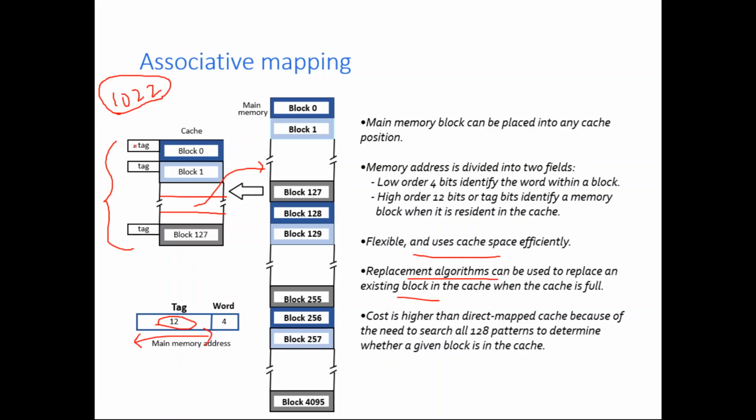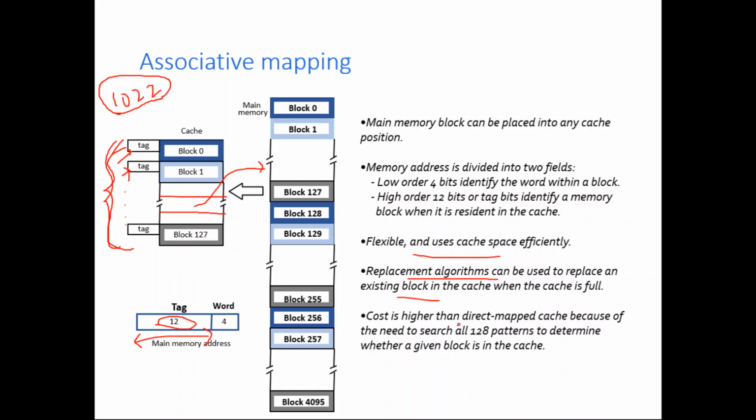For this, it has to perform 128 comparisons. In most cases it has to compare everything. It has to compare every tag, whether the tag is equal to this particular block or not. Only then can it confirm that it is available or not available. Are you getting it? So this is the drawback.